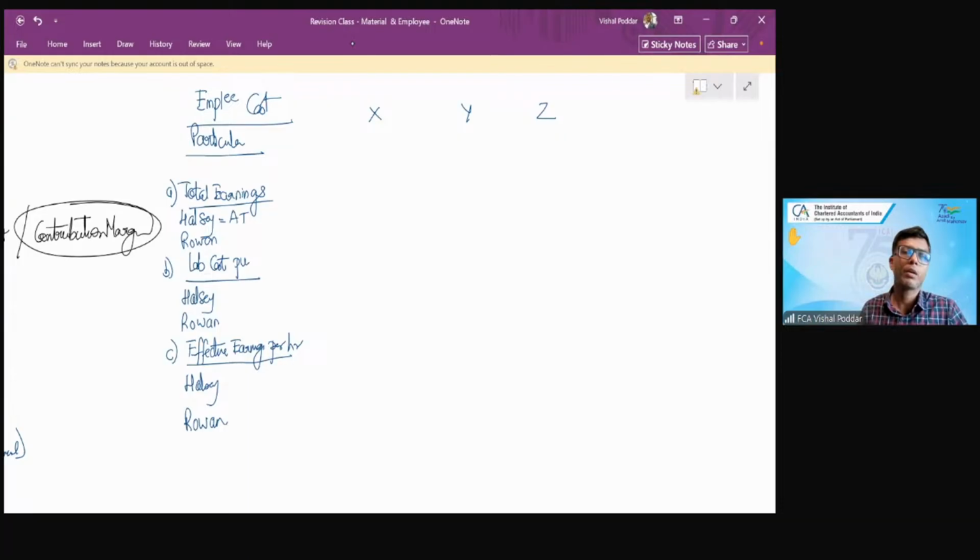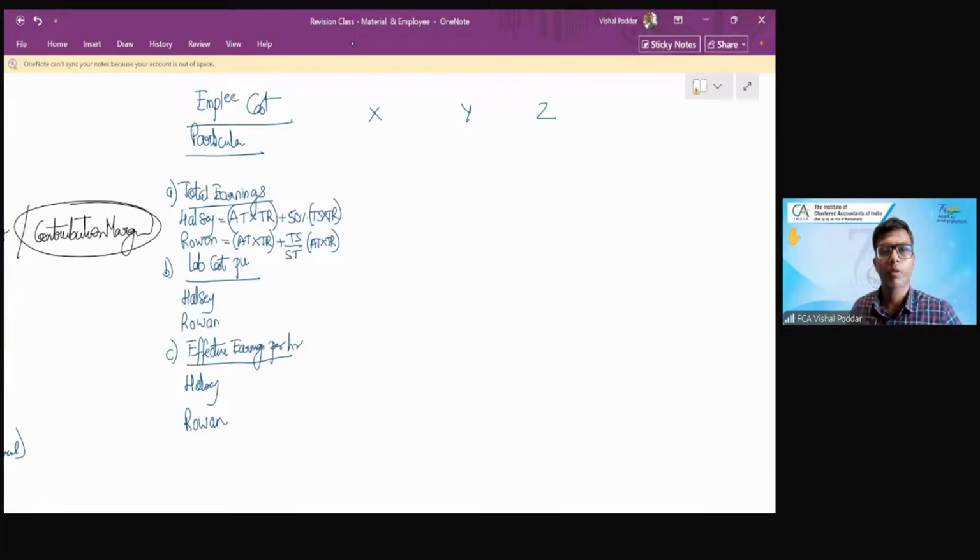Recall the formula: actual time into time rate. Now, within it there are two percentages. Nothing is given, you can take the 50% percentage. Time saved into time rate. Rowan 1 formula is actual time into time rate plus time saved upon standard time, again actual time into time rate.